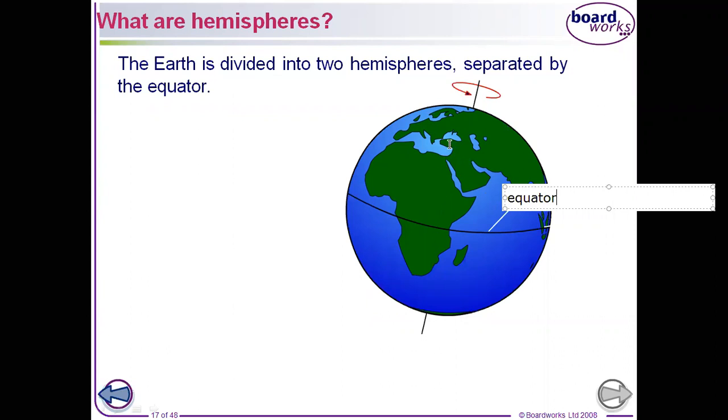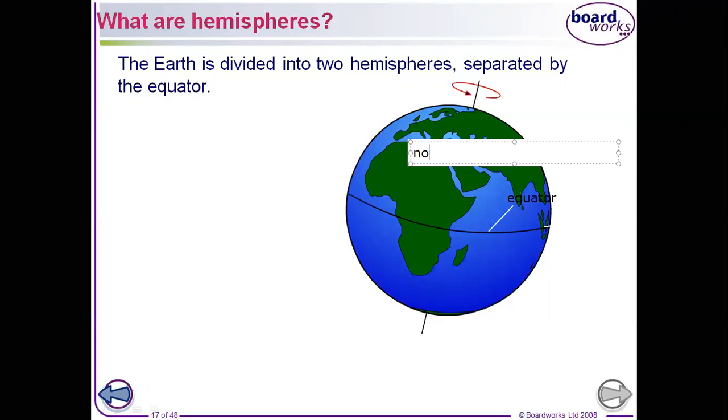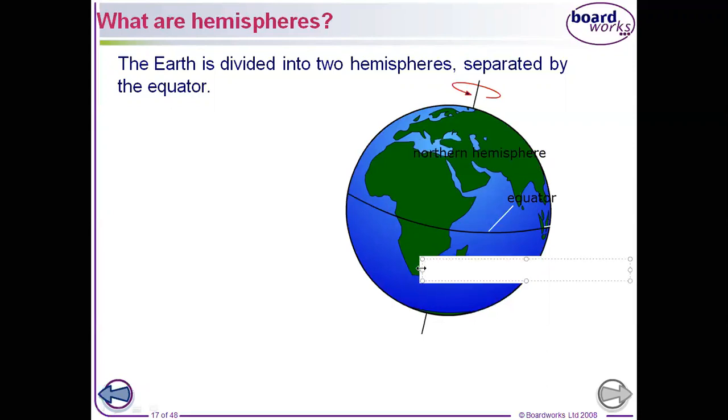Now, the top part is the northern hemisphere because it lies in the north, towards the North Pole. So this part here can be called the northern hemisphere. While the bottom part is called the southern hemisphere because it falls towards the South Pole.